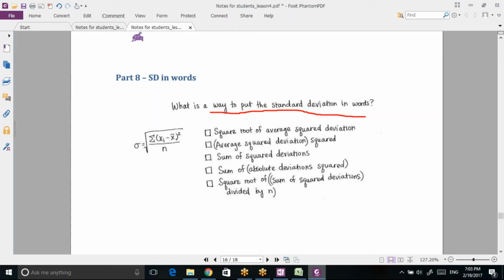The correct answers are the first one, square root of average square deviation, and the fifth one, square root of sum of square deviation divided by n, which is nothing but the average. Ramani, you marked third, sum of square deviation. This is not standard deviation. Jayashree, you marked second, average square deviation again squared. It's variance squared. That's again wrong. So first and fifth are the correct answers.